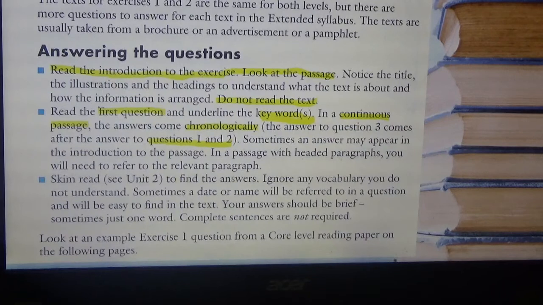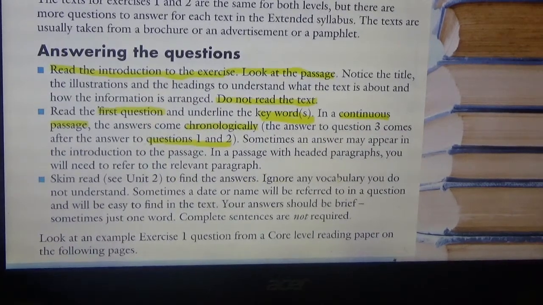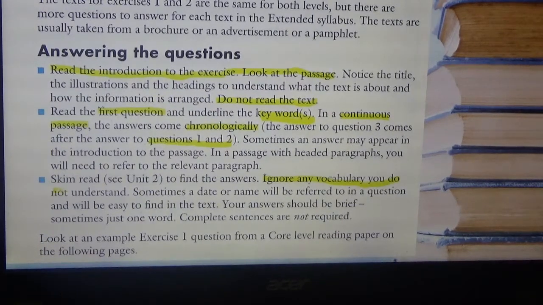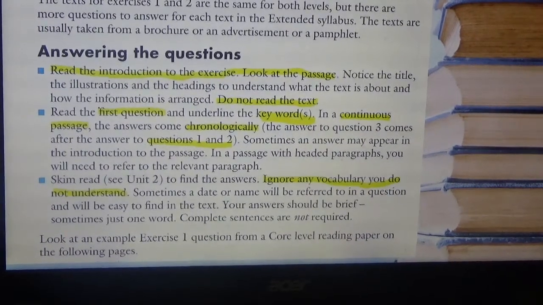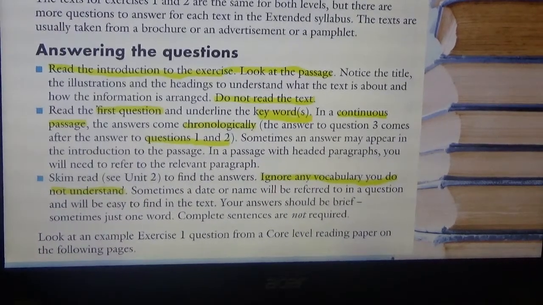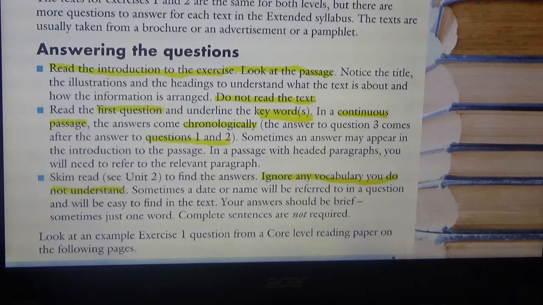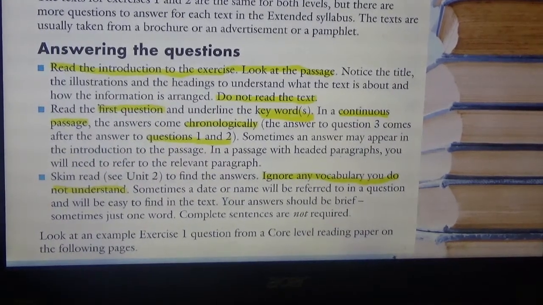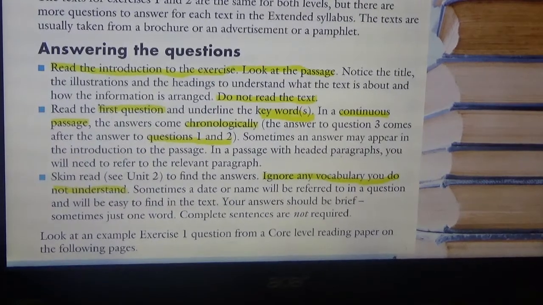All right, great. So skim reading, we would deal with it in Unit 2, our next video presentation. Ignore any vocabulary you do not understand. This goes in contrast with what we do in the classroom, wherein you are assigned a passage, and to understand the passage better, we have to look for the meaning of the difficult words, and consult any dictionary, Google, or any reference material that we have on hand before we completely understand the whole passage.